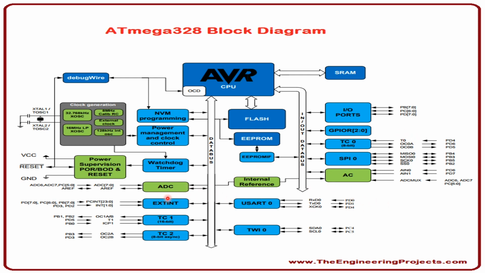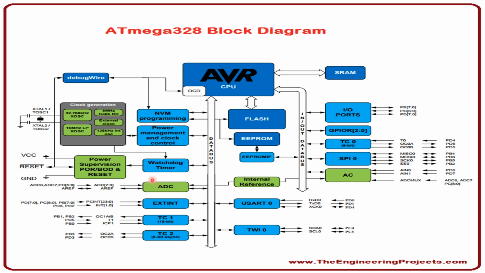ADC is the analog to digital converter, and AC is the analog comparator. What the analog comparator does is basically compare the analog voltages that are fed to this particular block, and it gives the output to the data bus.